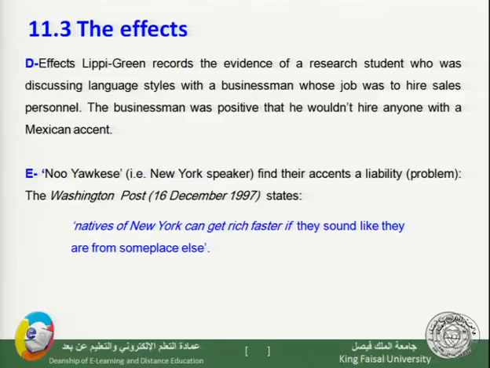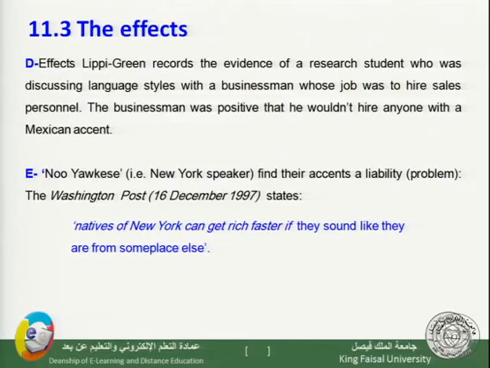Why? If they pretend, if they sound like they are from someplace else, but not from New York. So if they claim that they are not from New York, but from somewhere else, they will become rich faster. Why is that?